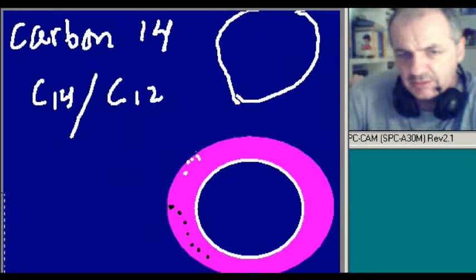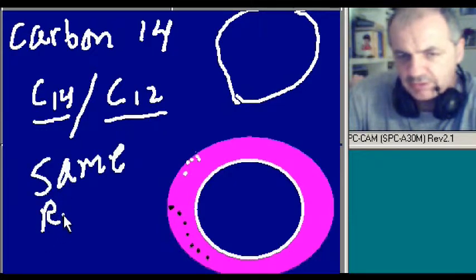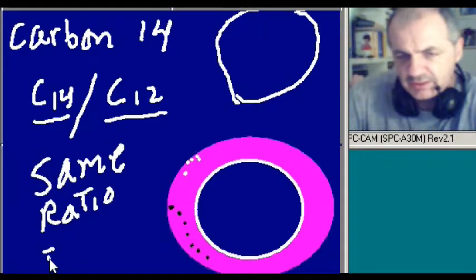There's this ratio that exists that doesn't change in our atmosphere. It's constant. It doesn't go away. The amount of these guys compared to these guys stays the same. The ratio is a constant.